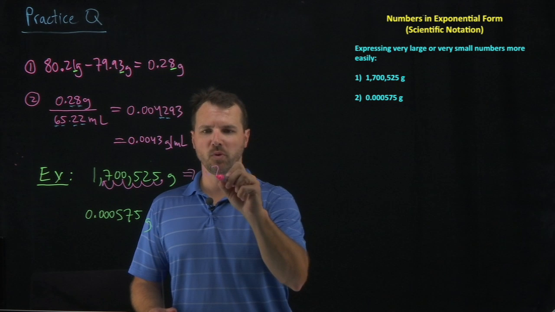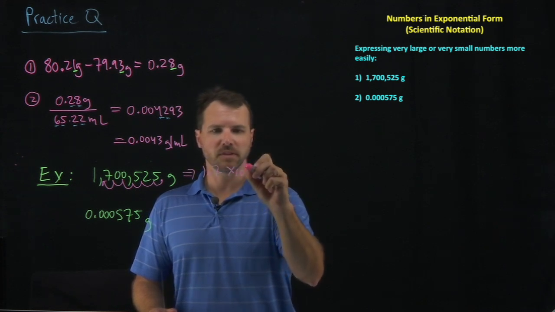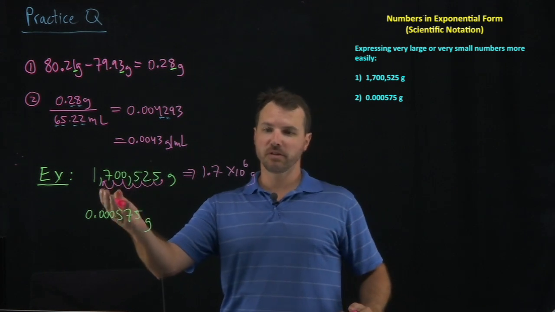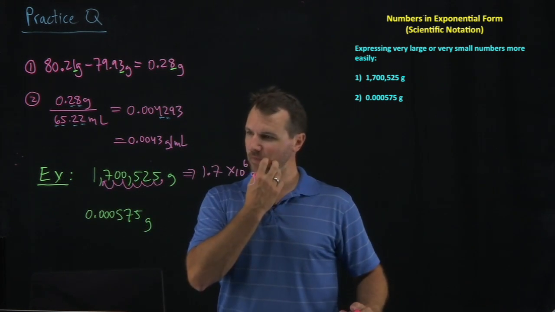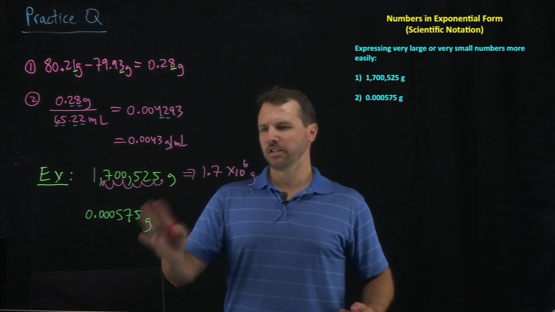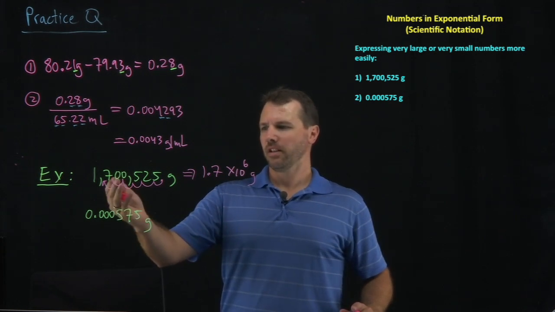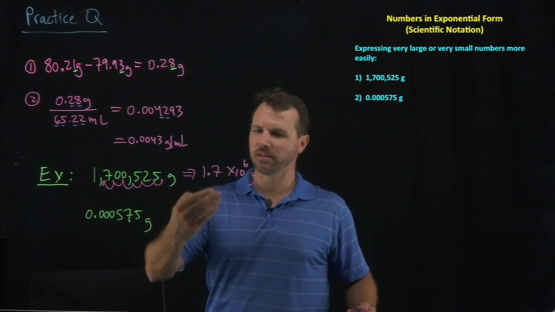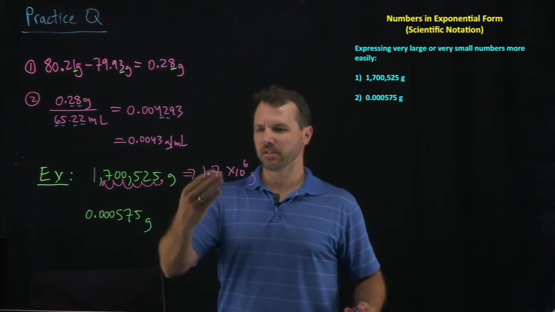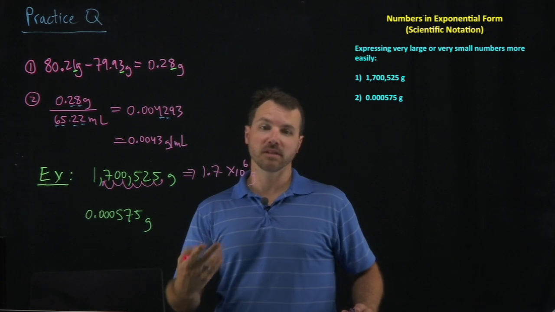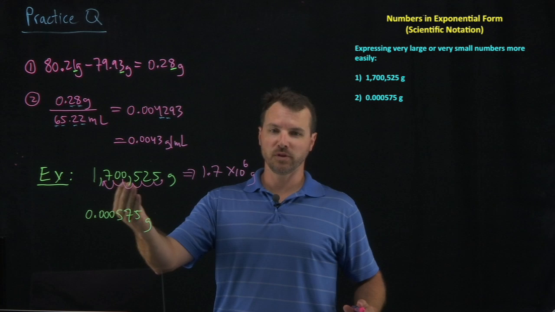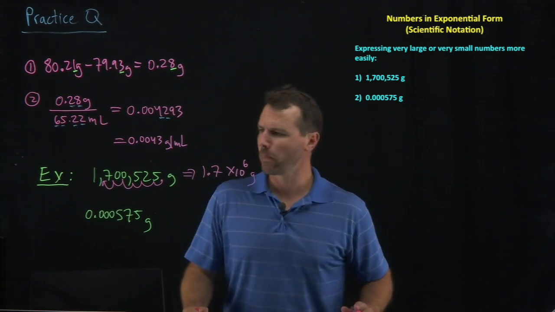So this would be 1.7 times 10 to the 6th. So of course we have a number that's much larger than 1. You should have a positive exponent. And again, you just want to take notice that we would want to report this to the correct number of sig figs. So using the scientific notation helps us report this. So for instance, we only need 2 sig figs. It'd be hard to write this number with 2 sig figs without scientific notation.